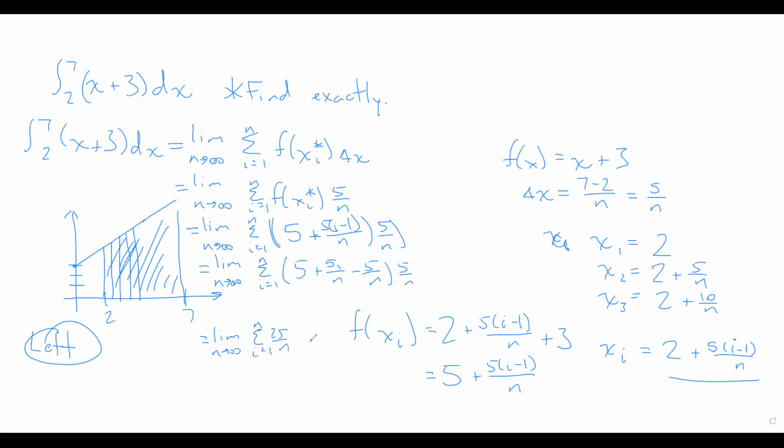That's 25 over n plus 25i over n. It's not an i squared, right? I don't have an i squared, I shouldn't. Okay. Minus 25 over n squared. Is that all of it? Okay.